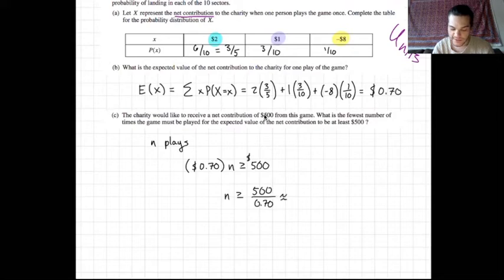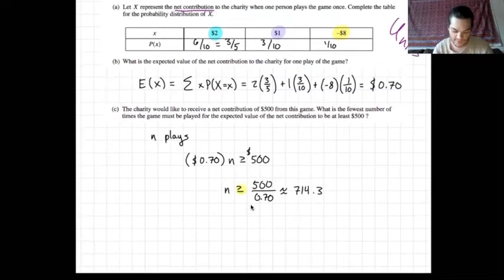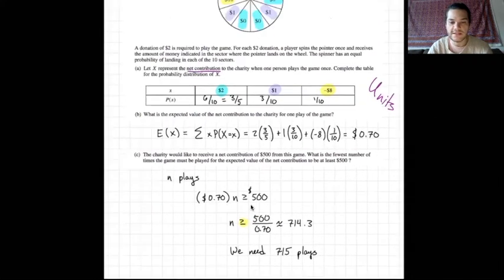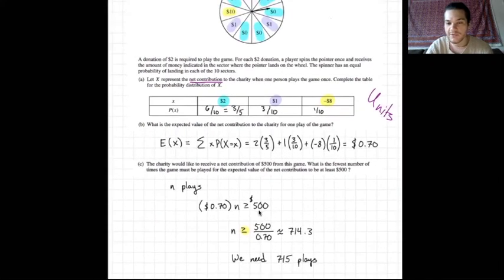And that is approximately 714 point something, 0.3. So if we want to ensure that this is greater than here, we want n to be at least 715. So we need 715 plays. Notice how I write plays as my units here. So this doesn't guarantee that we are going to make more than $500. This is just the expected value for 715 plays.